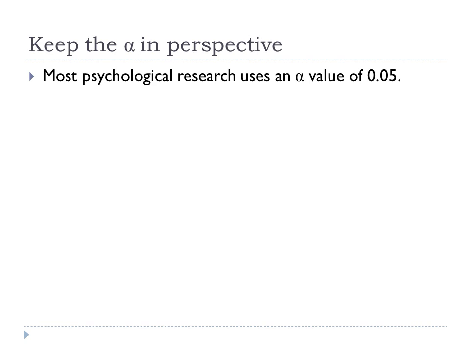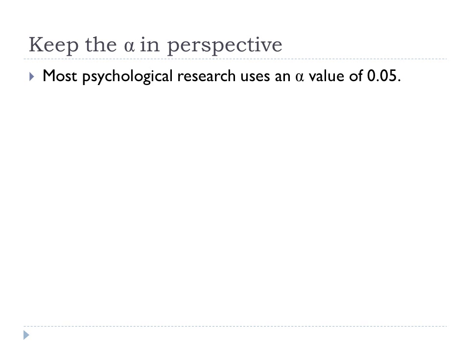In psychological research, most research studies use an alpha value of 0.05, meaning that if they run their statistical test and the test tells them that the probability that their null hypothesis is true is 0.02, right? If it's less than 0.05, then people will conclude that that's sufficiently low. There's a very low chance that the null hypothesis is true. We're going to reject the null hypothesis in favor of the alternative hypothesis.